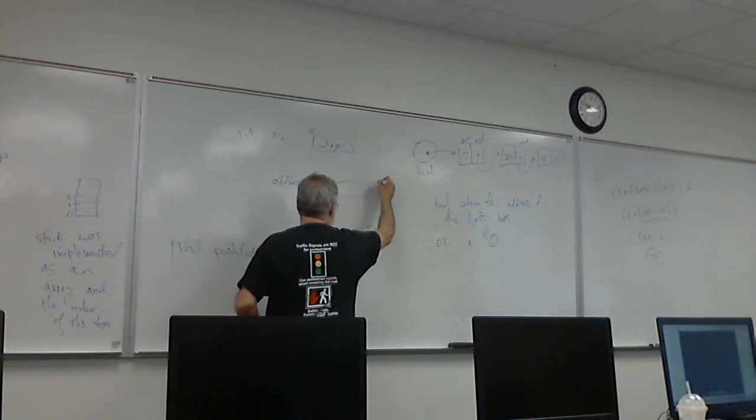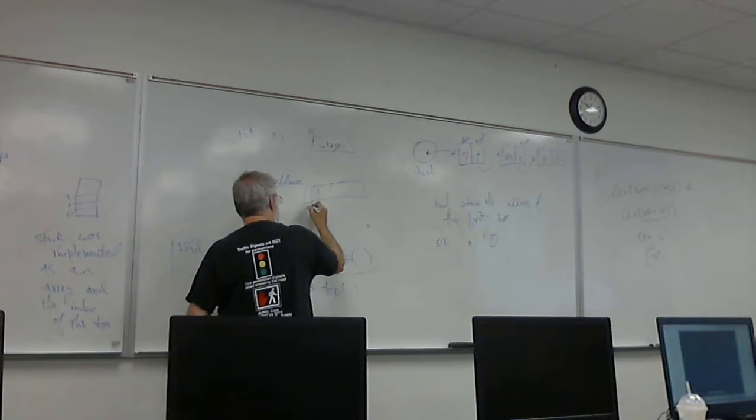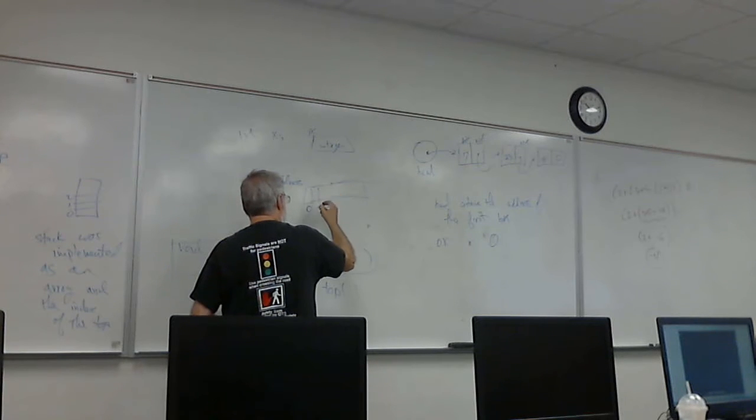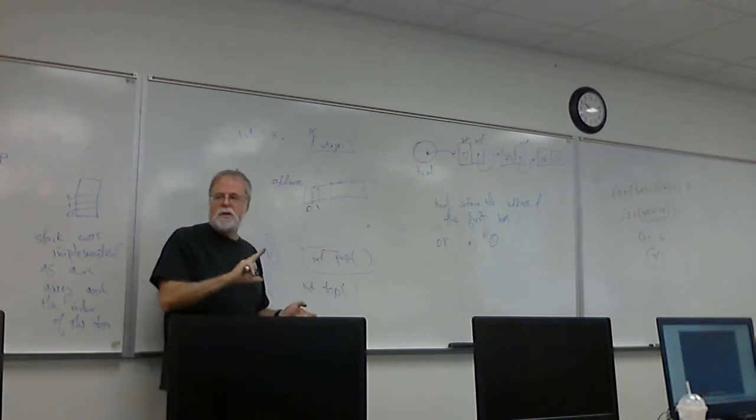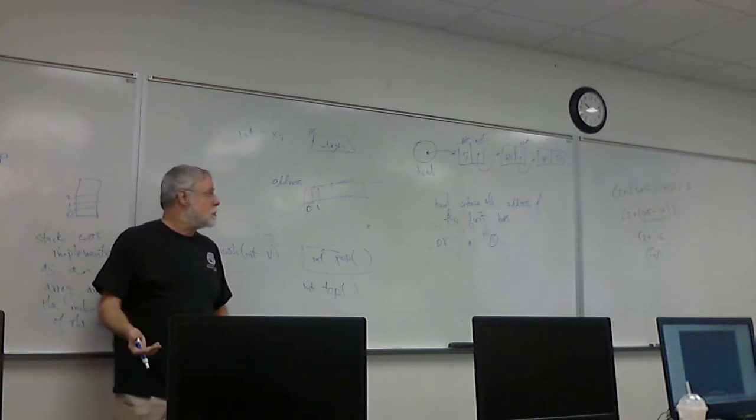Here's computer memory. Way over here might be address 0, which we don't get to use. In fact, we use 0 to mean that that's the address of no place. Address 0, address 1. The operating system uses these low addresses. We don't have access to them as regular users.